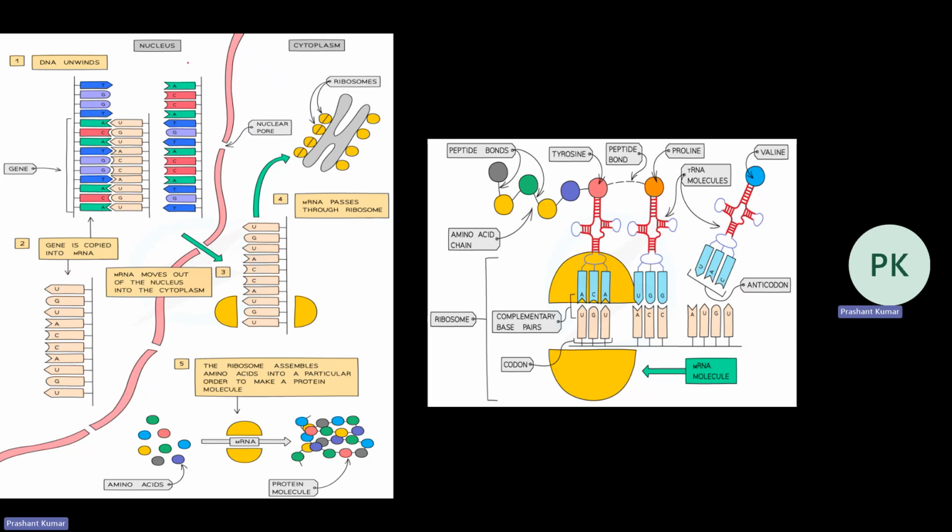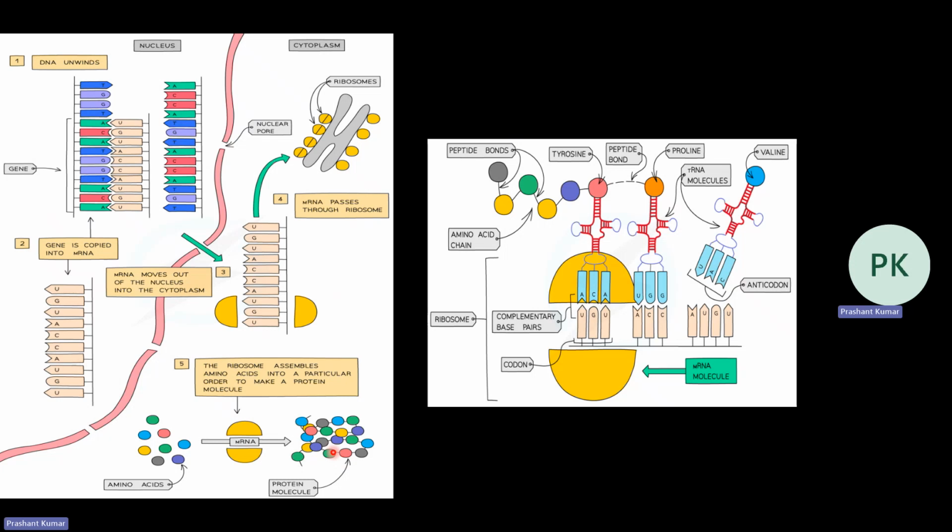So let's see here. So this is this line. Let me use a cursor here. Yeah, laser pointer. So see, this is the nucleus. Inside the nucleus, there is DNA. DNA unwinds. The gene is copied onto mRNA. Now this mRNA is coming out, right? And this mRNA is going to the ribosome, where all the amino acids are now combined to form a protein molecule.